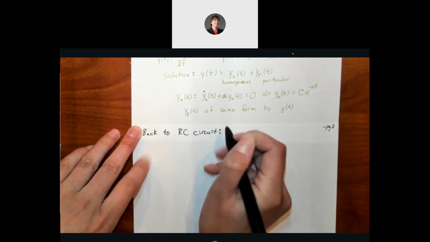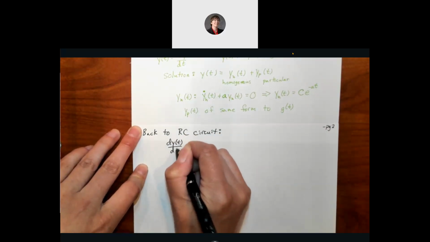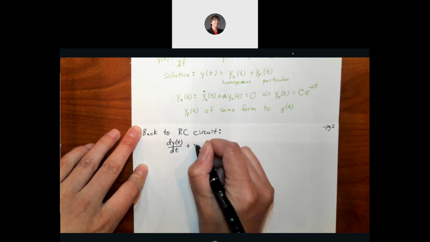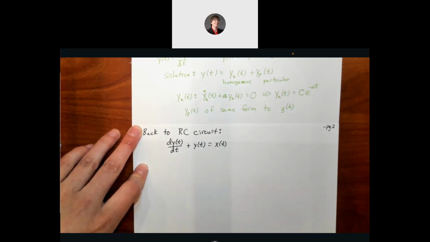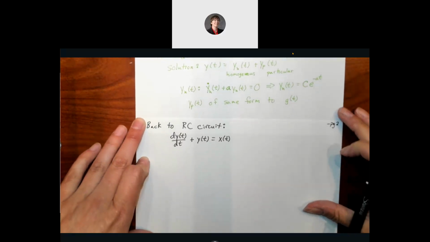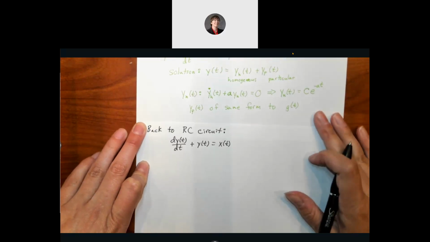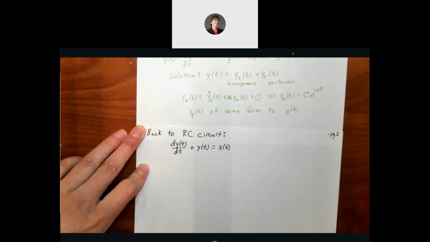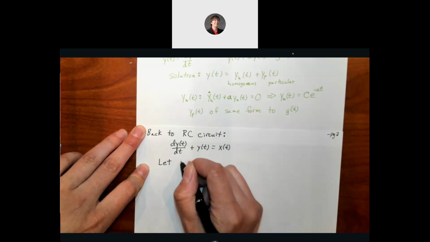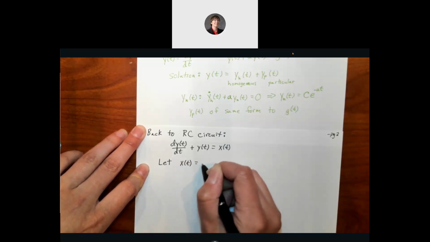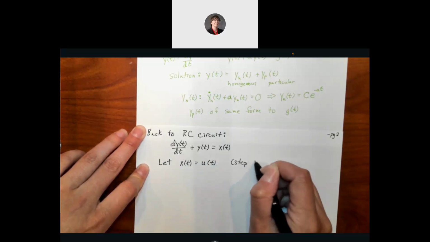All right, so we had dy(t)/dt plus y(t) equals x(t). Now we need some particular input. Let's say we're interested in the step response of this circuit. The step response is when our input, x of t, is the step signal, u of t.